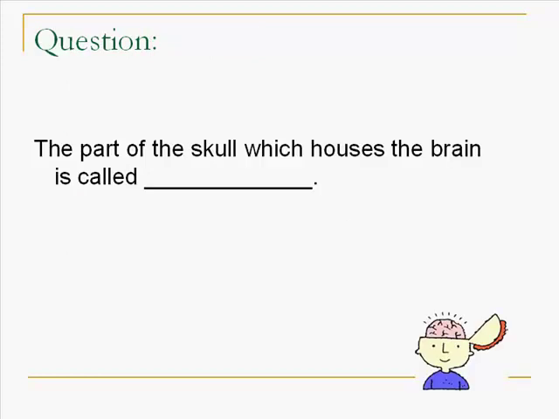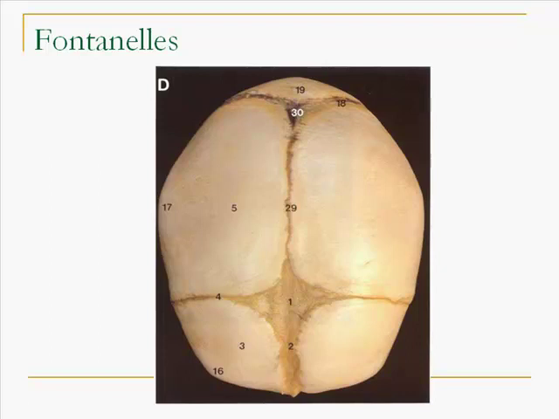So the part of the skull which houses the brain is called the, if you said cranium, you're correct. And remember that the cranial bones, there are 8. Fontanelles are basically just soft spots. Think about a baby when it's just not fully developed yet.